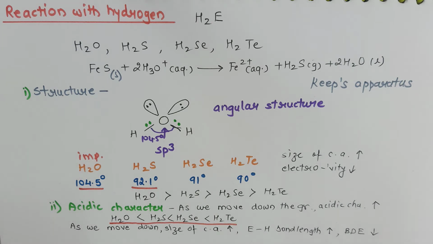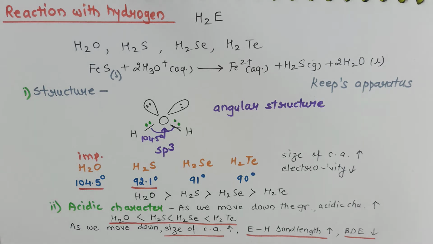Now the explanation can be given like this. As we move down the group, the size of the central atom increases. As the size of the central atom increases, obviously the bond length will increase, because hydrogen is small in size. And bond dissociation enthalpy decreases. So bond cleavage becomes very easy and hydrogen can be released quickly.